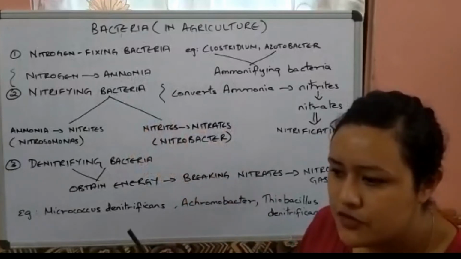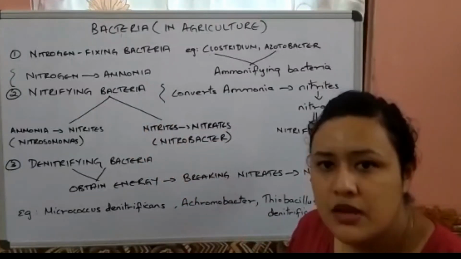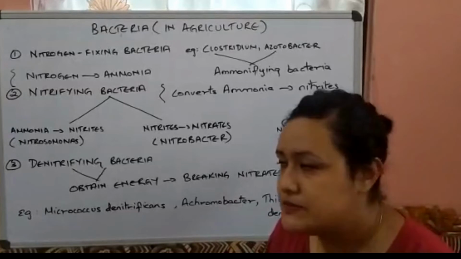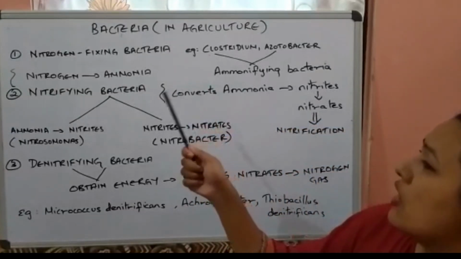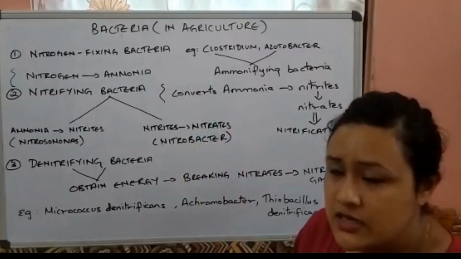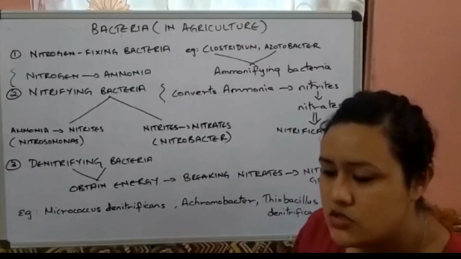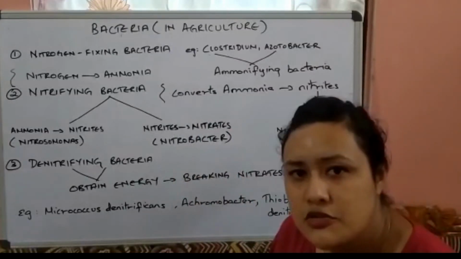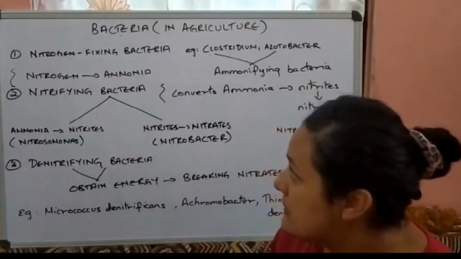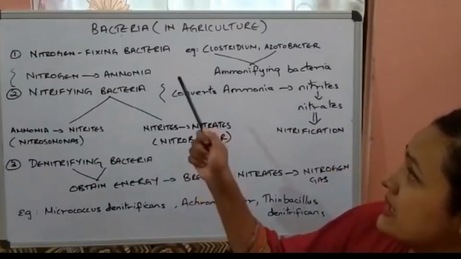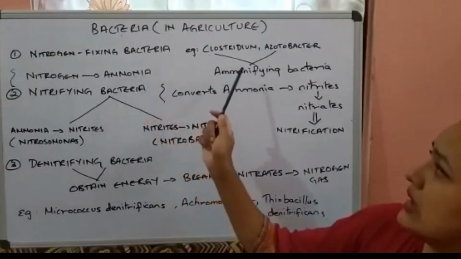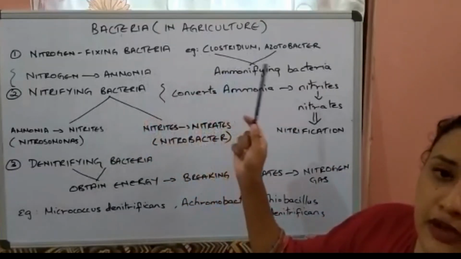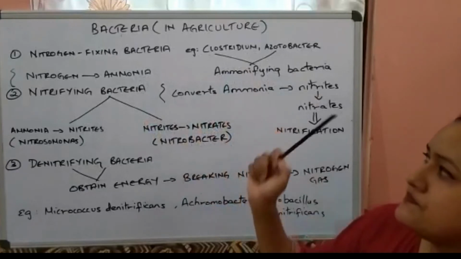Only after it is converted into ammonia can it be utilized by the plants. This process is known as nitrogen fixing: the process of converting nitrogen into ammonia. These bacteria are also known as ammonifying bacteria.